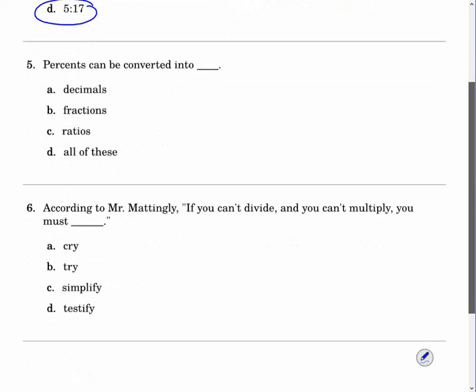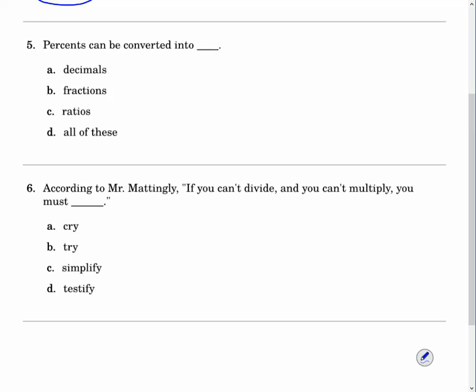Let's move on to question 5. A lot of kids, for question 5, it says percents can be converted into blank. They look for the first right answer they see, and then they don't bother to read any of the other answers. So they said, okay, yep, they can be converted into decimals, and they picked A instead of reading that they can also be converted into fractions, right?